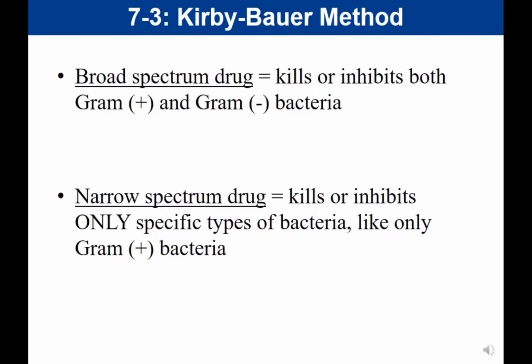Then giving a broad spectrum would be the way to go, because you don't have to wait to find out what's causing the infection. It should target that bacteria regardless of what it is. That would be the advantage of using a broad spectrum. If you don't know what's causing the infection and the infection puts the patient in imminent danger, then you're going to choose that broad spectrum.